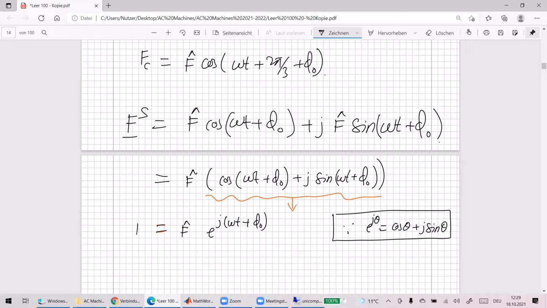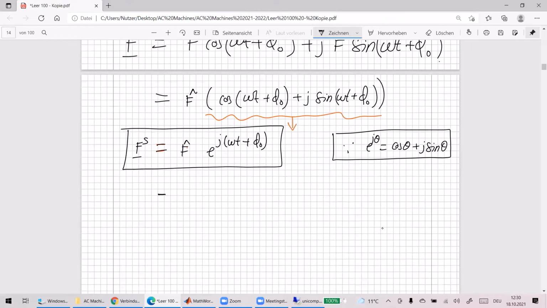So for positive sequence, I will write it like this now: F cap into e power j theta positive, where theta positive is your omega t plus phi naught.